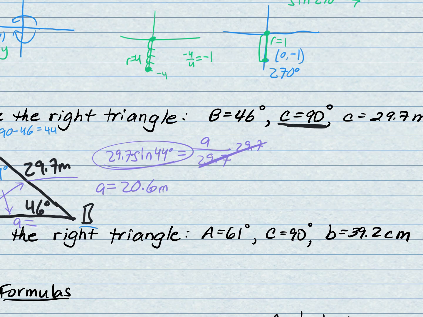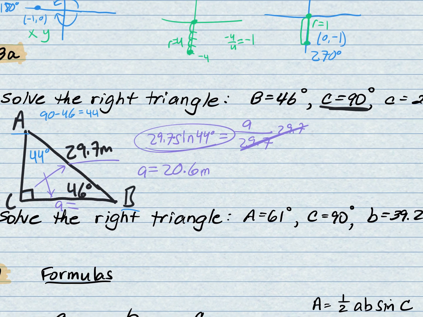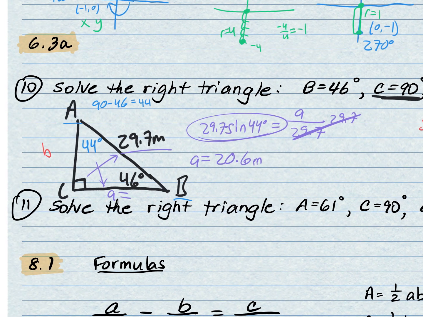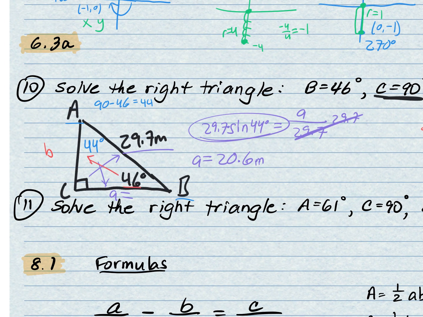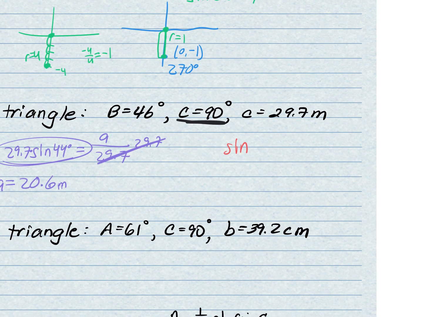Okay, so we can do the same process to find side B. I don't have B, but we can do the same thing. Maybe we want to use sine again. If I want to use sine, opposite of side B is going to be my angle B, so 46 degrees. So we can do sine of 46 degrees is my opposite over my hypotenuse. And once again, we can multiply 29.7 on both sides.